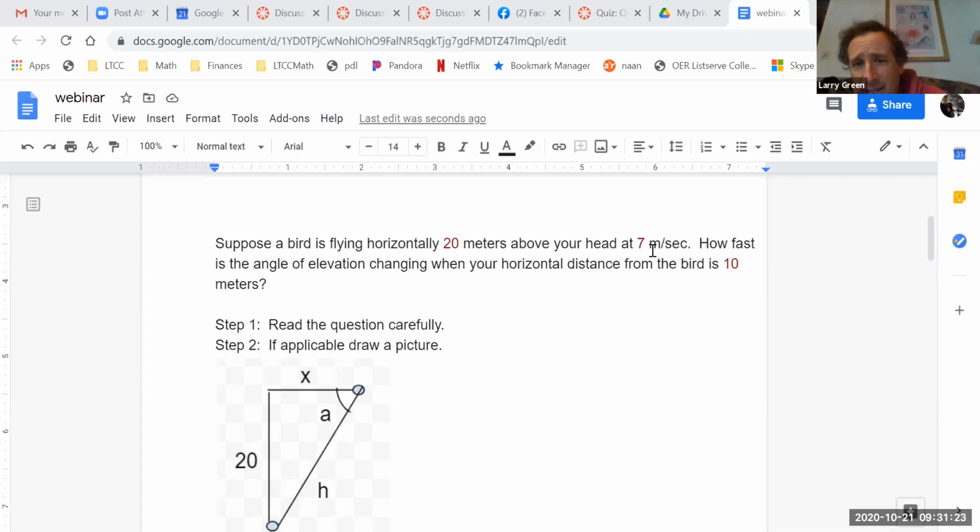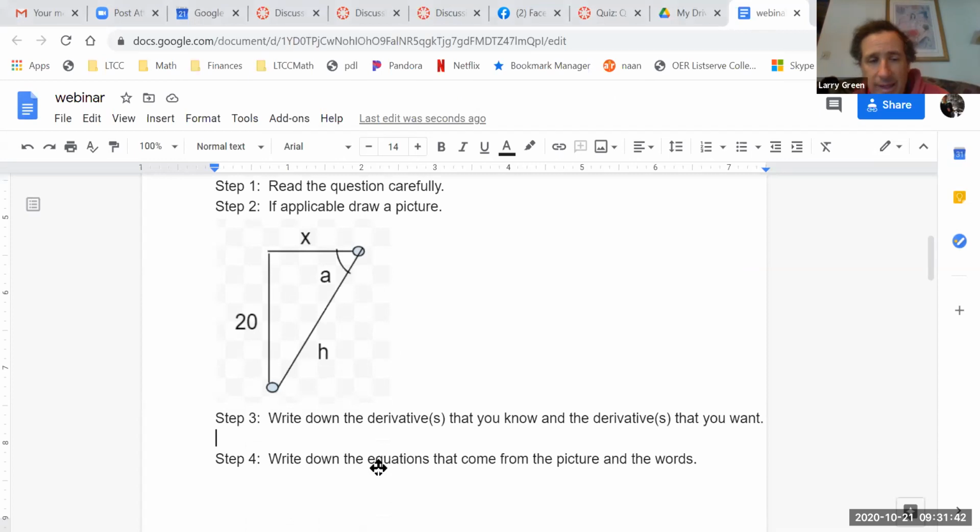So 7 meters, what does that correspond to? X, A, or H? So after a second, has X changed by 7, A changed by 7, or H changed by 7? Yeah, X.